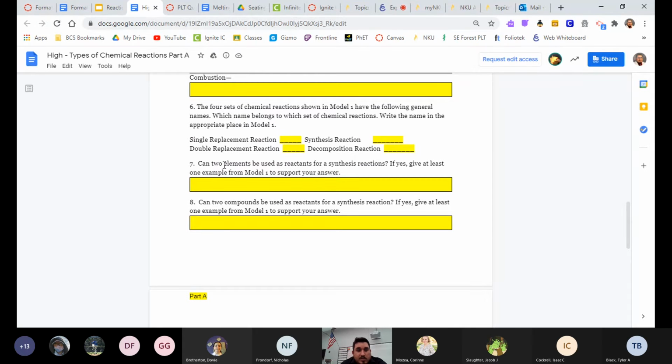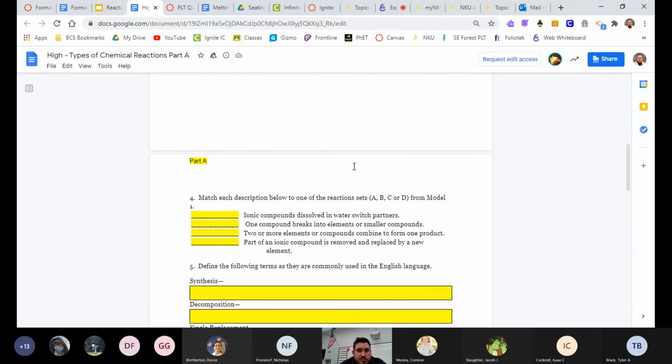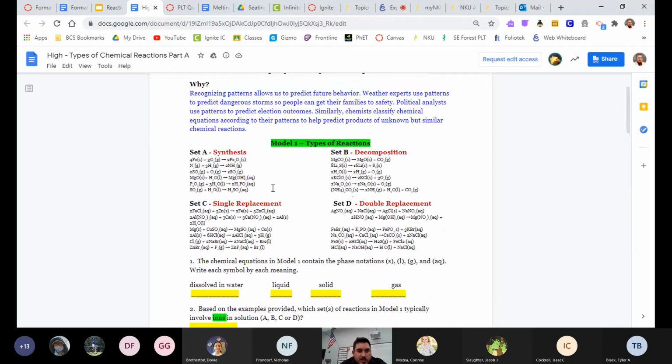All right, number 7, can two elements be used as reactants for a synthesis reaction? Can I do an element plus an element for a synthesis? Go up here, look at synthesis. In the chat box, yes or no?